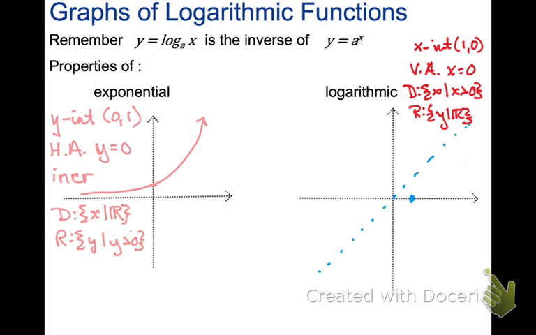And we have an asymptote at x equals 0. Did those two reflect across that line? Yeah. So if I know my exponential, can I figure out my logarithmic? Yes. You do need to know those basics.